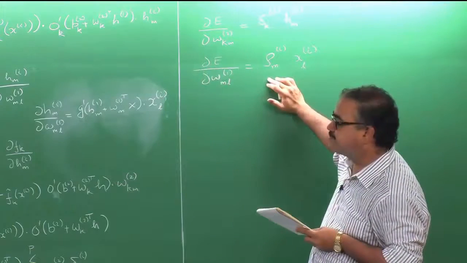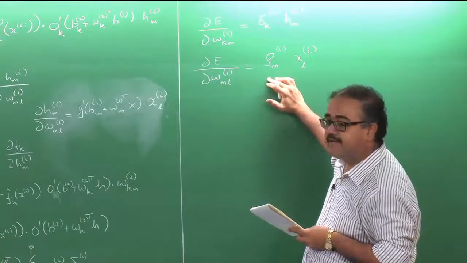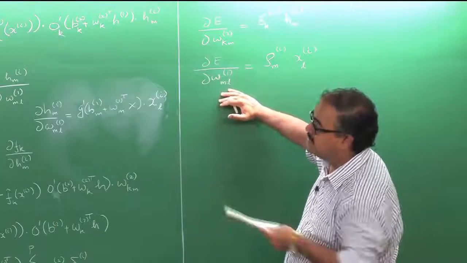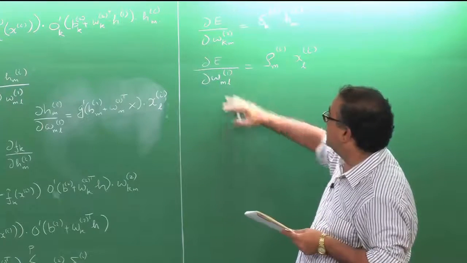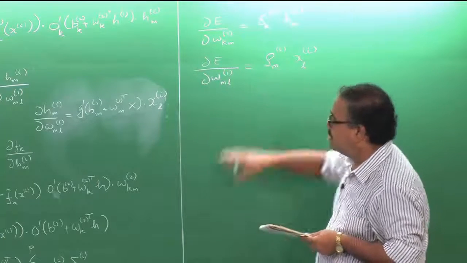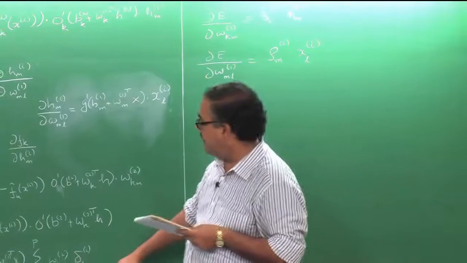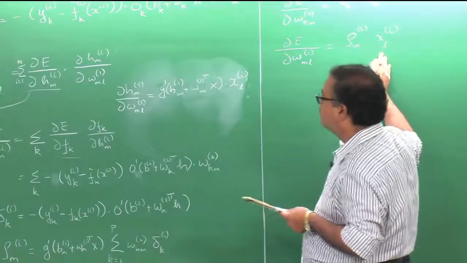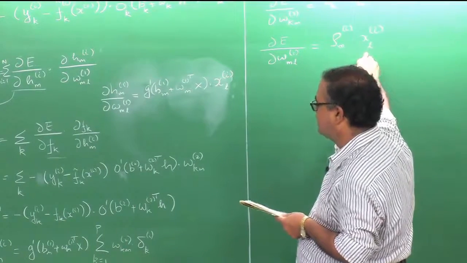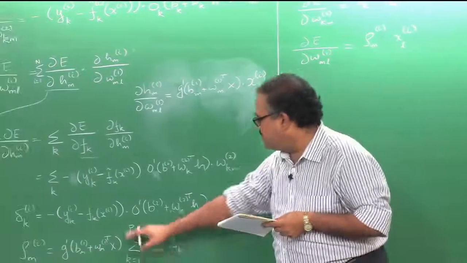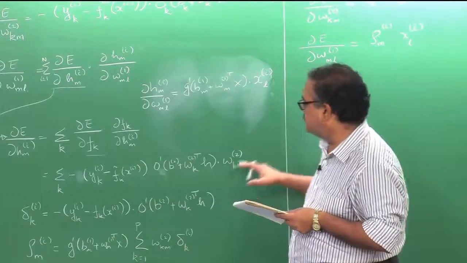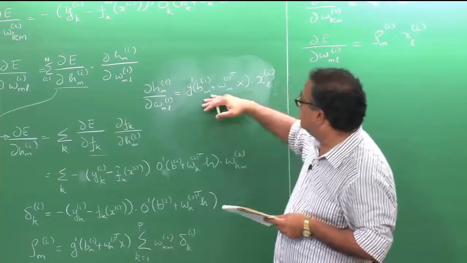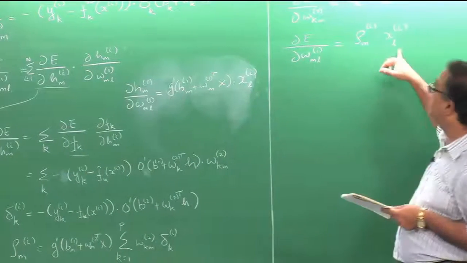Likewise, the derivative of the error with respect to the first layer weights, the weights from the input layer to the hidden layer, is given by rho_m(i) times x_l(i). So, this part corresponds to this, and that comes from here, and x_l(i) is what is left out here.